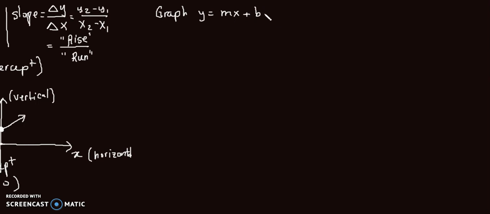Just to remind you, in order to draw a line you only need to know 2 points, and the line will cross these 2 points. So we need 2 points. The first point is given already, because this is the y-intercept. The x coordinate will be 0 and the y coordinate will be b.